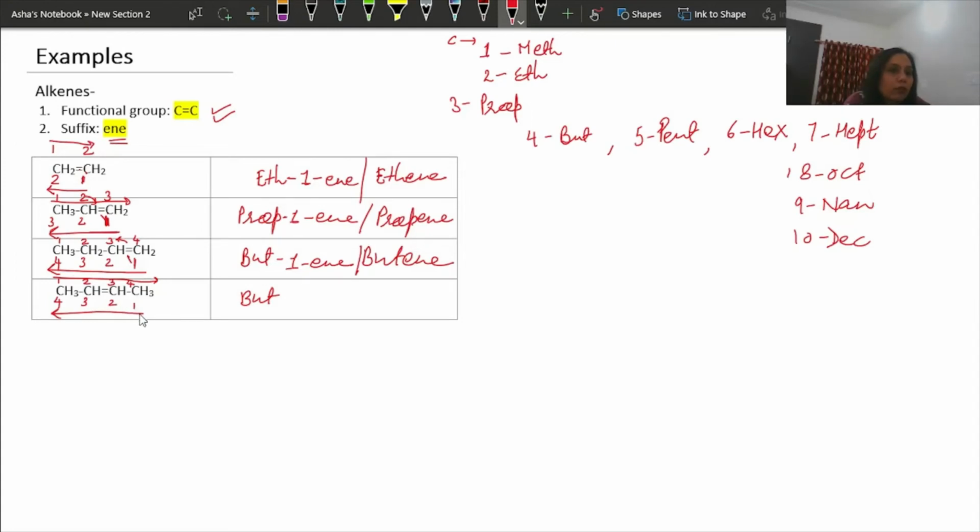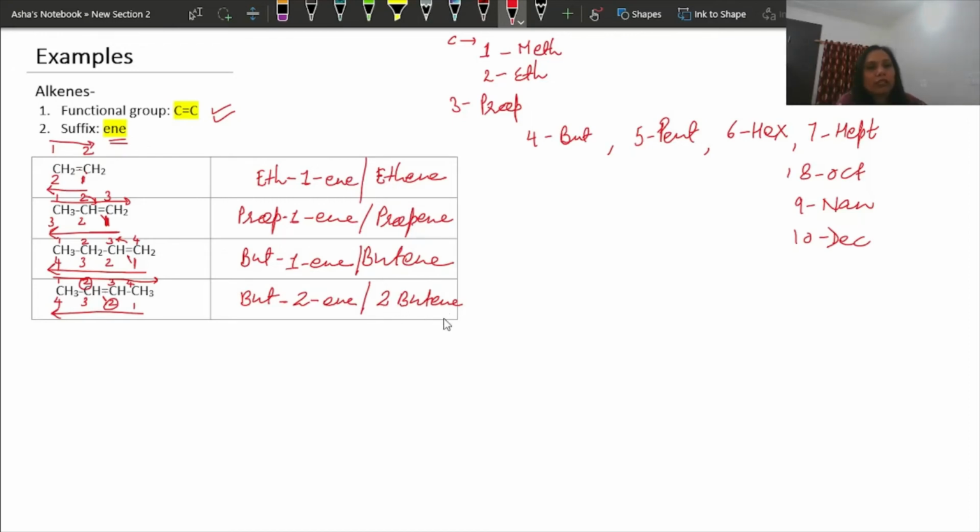When we are going from back to front, the double bond is coming with the second carbon. When we are doing the numbering from front to back, again the double bond is coming with the second carbon. So it is your choice whether you take counting from front to back or back to front, because in both cases the double bond is with the second carbon. So the position of the double bond is 2, so 2-ene, or simply you can write 2-butene. In front you are writing the position of the double bond, that is 2.